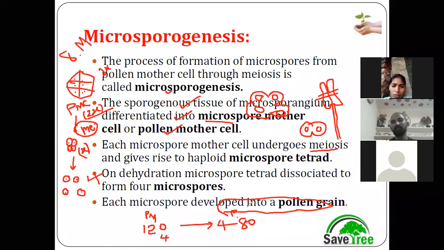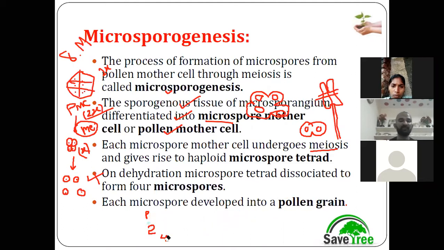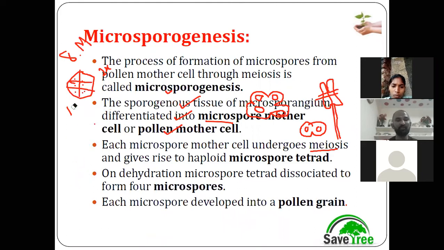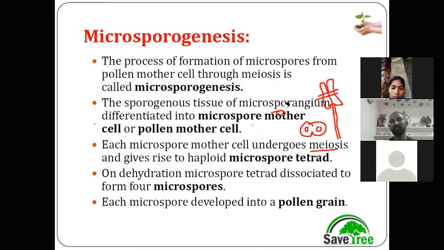Sometimes they may ask, for example, a microsporangium which contains 1200 pollen grains, how many pollen mother cells are required for it? So the question is given like that. A sporangium that produces 1200 pollen grains, how many microspore mother cells are present in the sporangium?